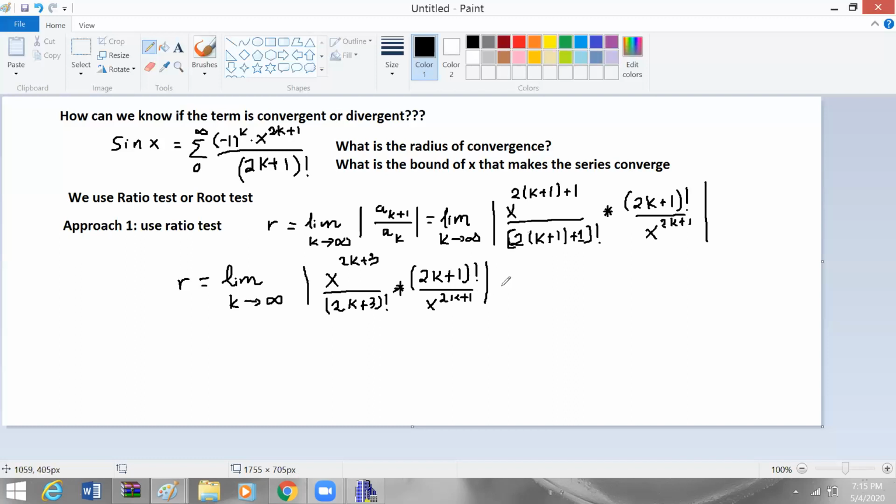Remember that x to the 2k plus 3 over x to the 2k plus 1, we're going to get x squared. So x squared, we're going to pull the term out. A very important thing is that we pull that term out of the limit as k goes to infinity. So I pull it out: x squared.